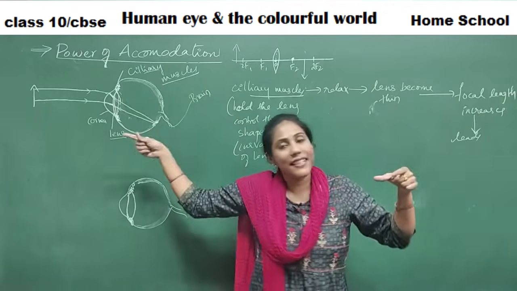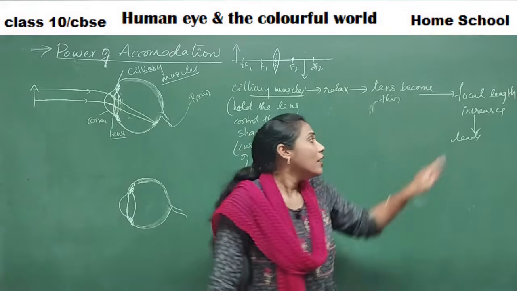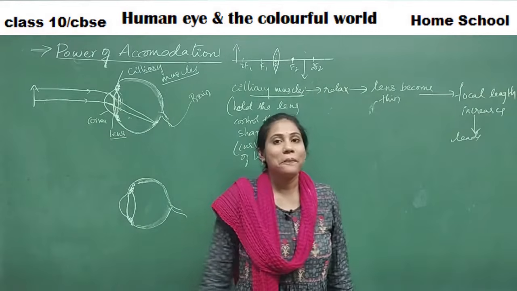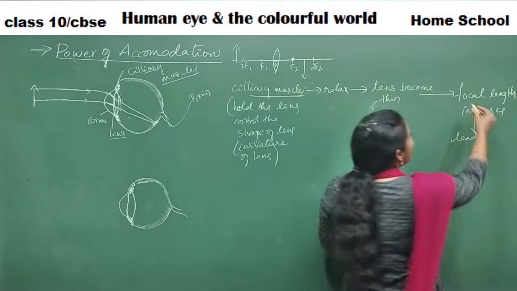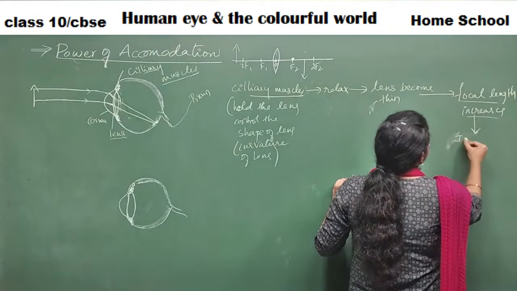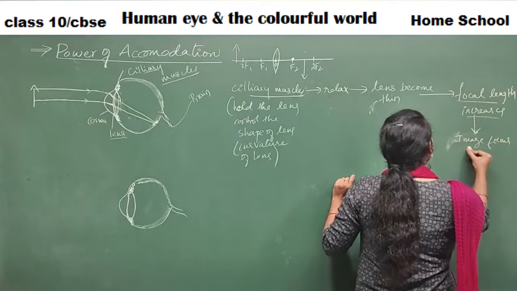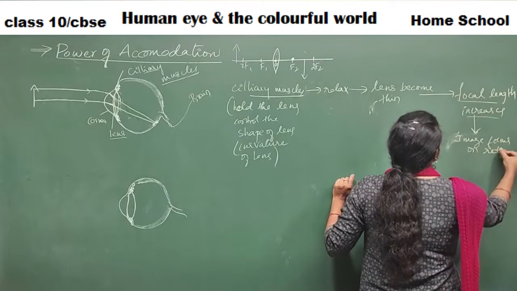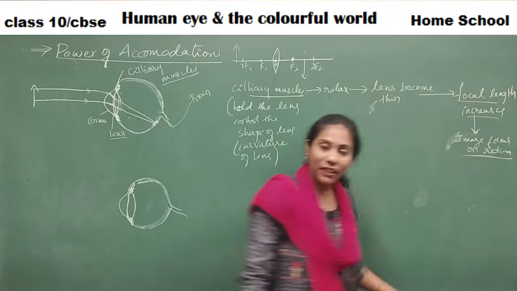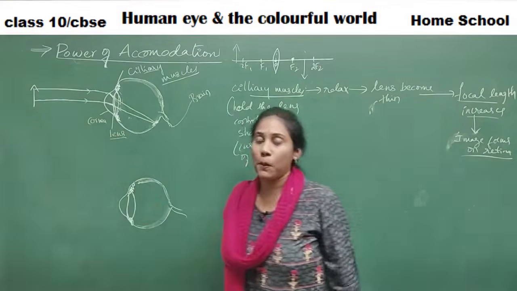That is where the refracted rays converge. So the image is formed on the retina. So what I will write here: since the focal length is increasing, the image forms on the retina. Clear, everybody? So this is what happens with a far away object.